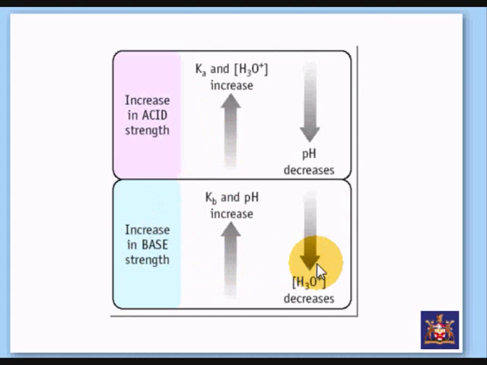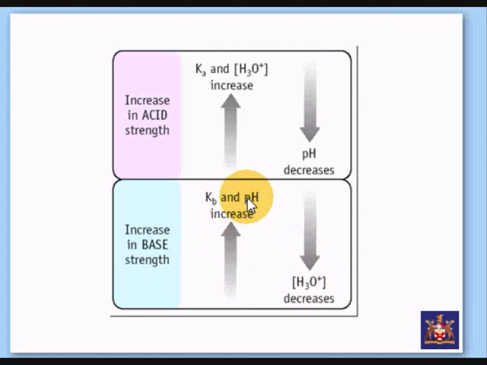Now for the increase in base strength: as the Kb and the pH increase, the hydrogen ion concentration decreases. That makes sense because this is the dissociation constant for a base, and if this value increases, you're a lot more basic, which means you're going to have less hydrogen ion concentration.